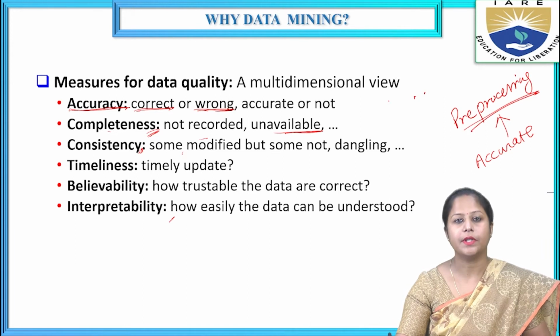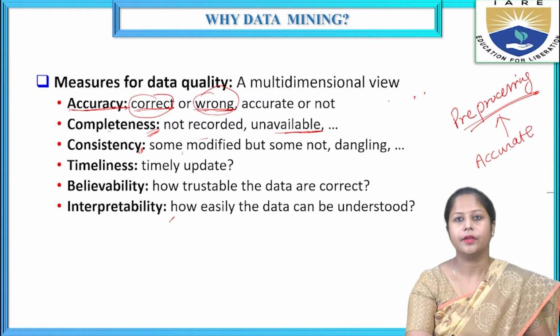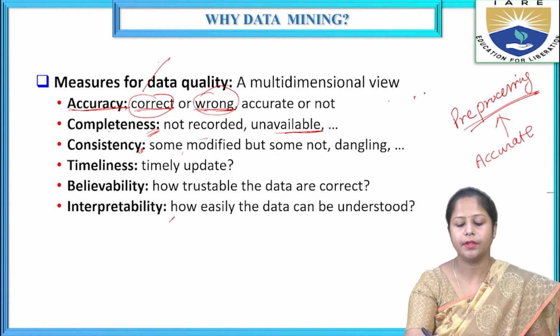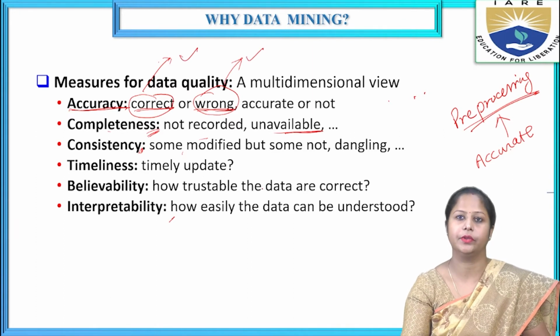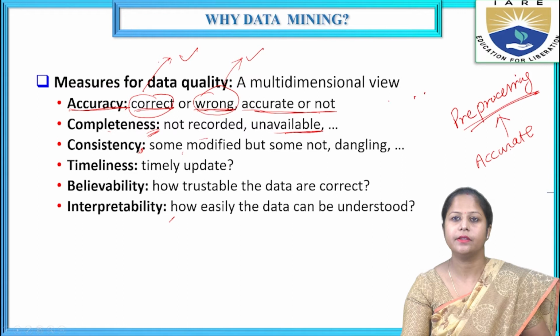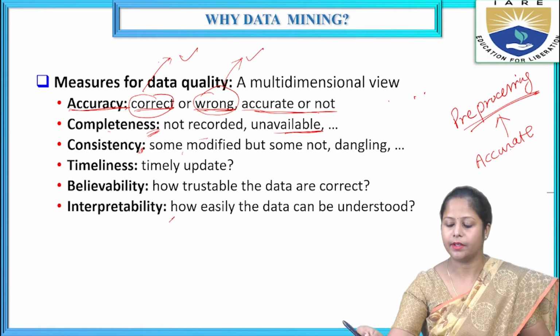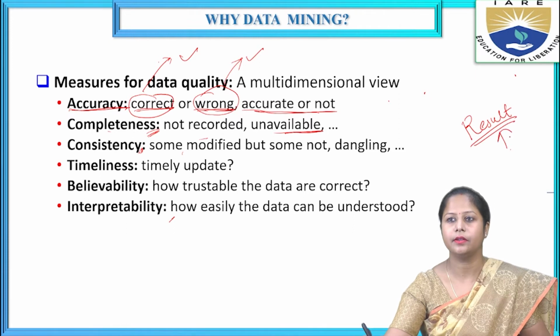So we are going to check whether the data is correct or not, whether the data is correct or whether it is not correct. So we will check both. After that, we will check the data is accurate or not. What is accurate? Whether the data we have taken is near to the result or not, in the most accurate way.